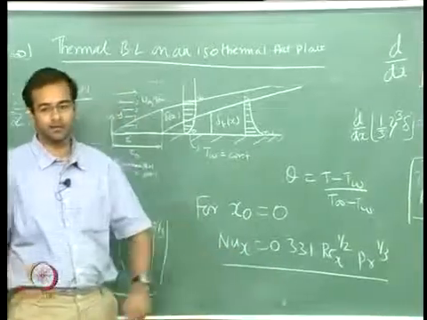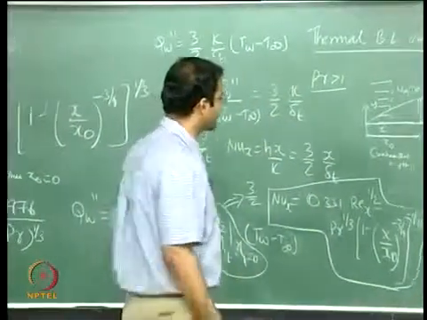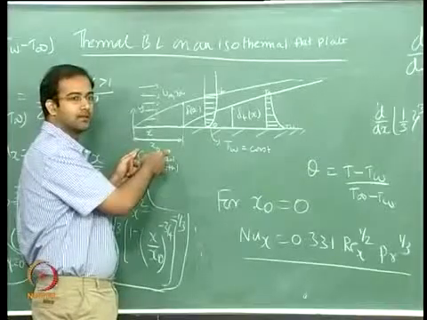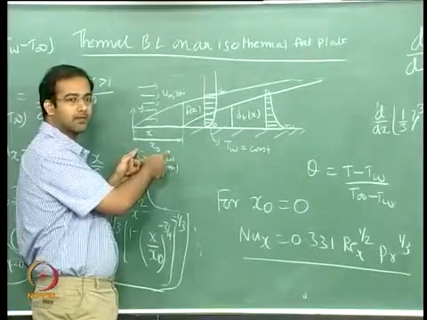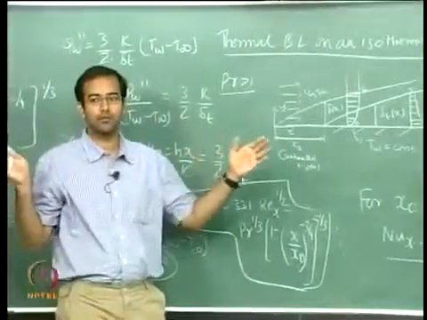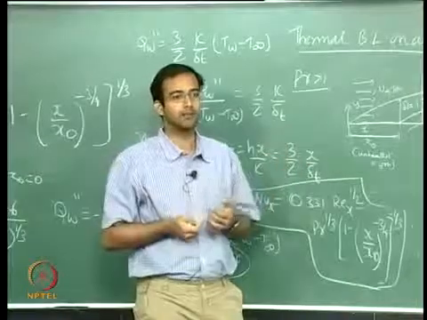Now you remember when we did the similarity solution, we cannot make the assumption that you have an unheated length and then get the similarity solution. The similarity solution was derived based on the assumption that the wall temperature is uniformly applied through the entire length of the plate. Otherwise we cannot derive the similarity solution.